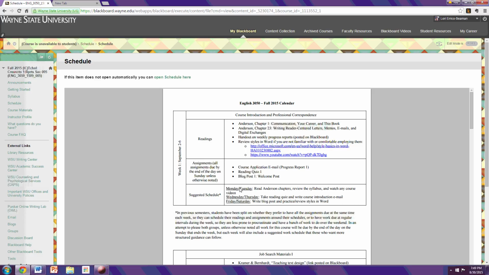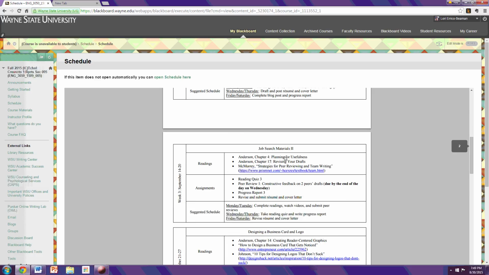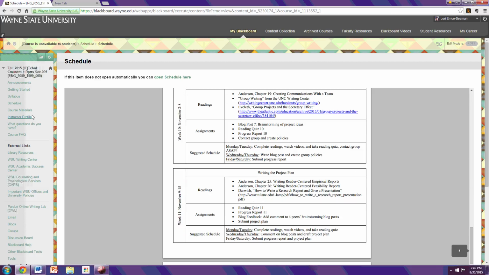So instead of having more due dates during the week, which I know would be very difficult for some students, each week you'll see a suggested schedule where I give you about 3 days' worth of work, things you should do on Monday and or Tuesday, Wednesday and or Thursday, Friday and or Saturday. So each week you can find what you need to do in the course schedule.